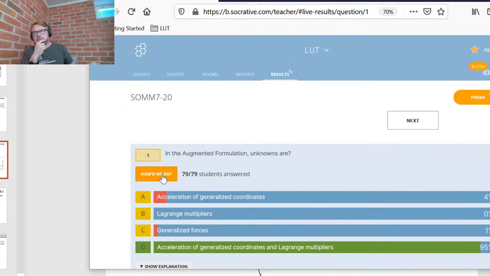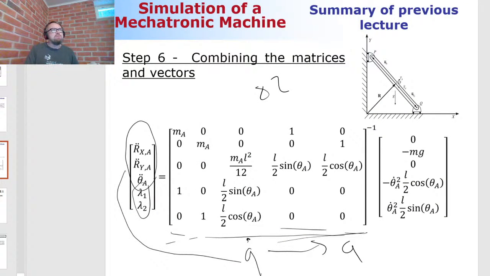The one thing that bothers me a little bit is that there is one answer which says that generalized forces are unknowns. For sure, they are not unknowns, because the forces are the ones that we do know, and then we want to solve the response. So it's like this Newton's second law. I don't know where I can write it. I think I need to clear my screen a little bit. This one here.